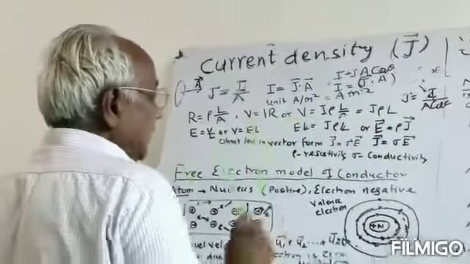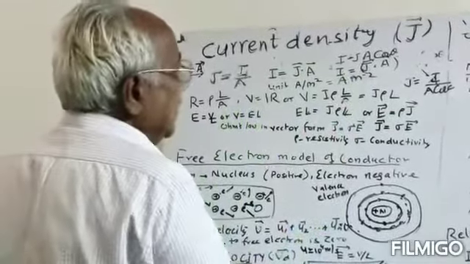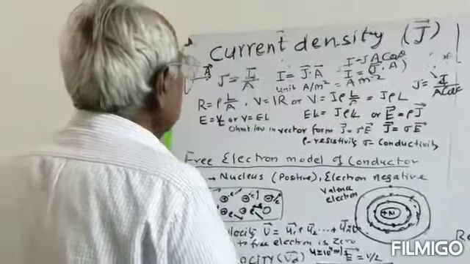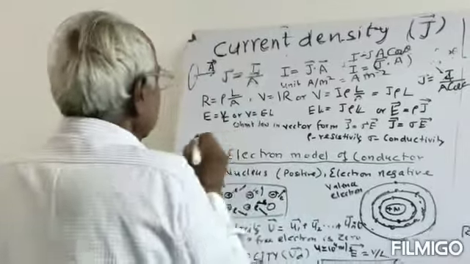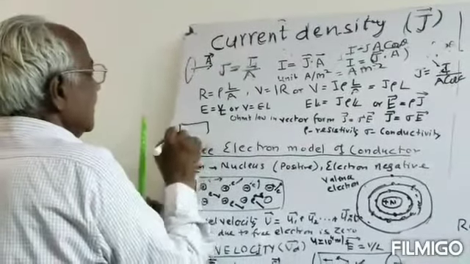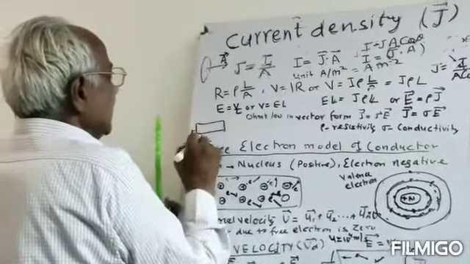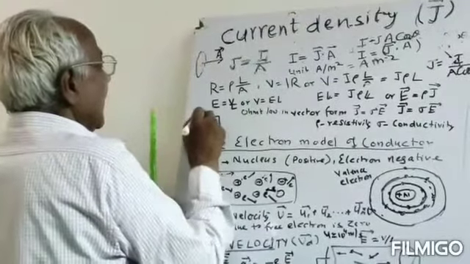Now what will be the value of V? V is the potential difference across the conductor, and L is the length.